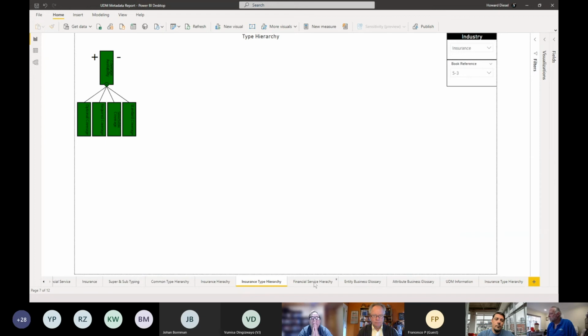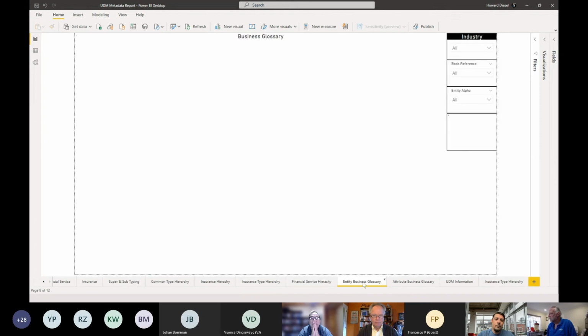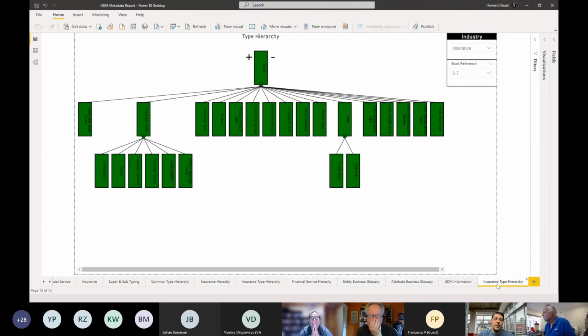So using Power BI to understand all the different typing is quite helpful. Really helpful, yeah. This is awesome. You should sell it back to Silverstone. I think I gave it to him.